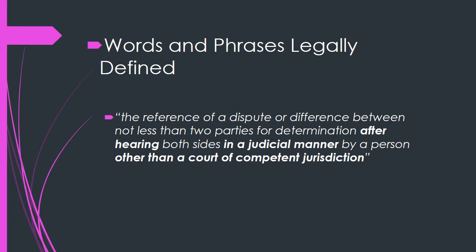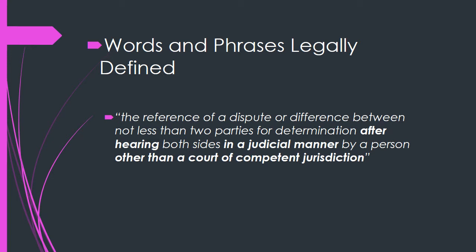But let's go on. Words and Phrases Legally Defined says that arbitration is the reference of a dispute or difference between not less than two parties for determination after hearing both sides in a judicial manner by a person other than a court of competent jurisdiction. Note, it also talks about a hearing and in a judicial manner.